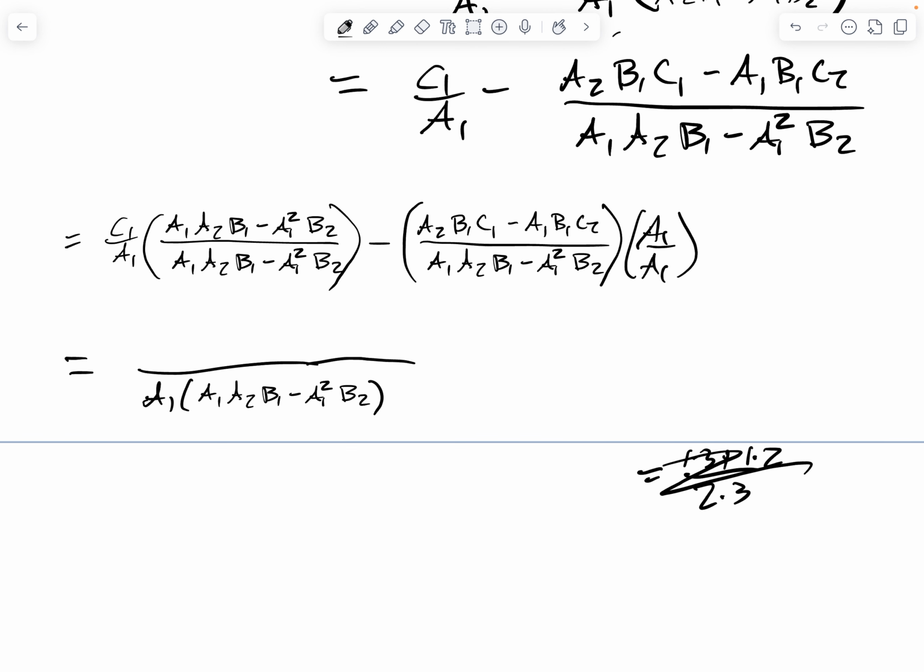But if it was just your prerogative to get rid of that symbol, you'd have to do all of this stuff. It sucks, right? But we could. And so what do we have? We would have this guy, C1, and then all of this.